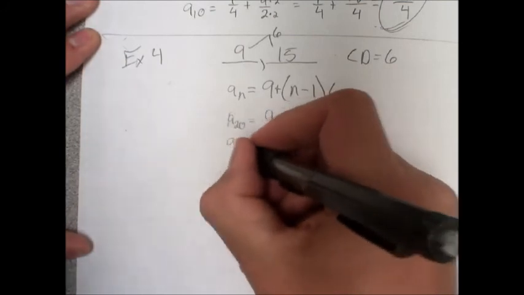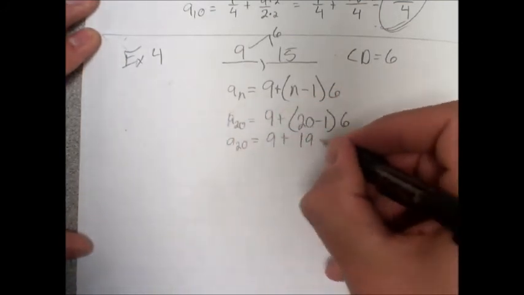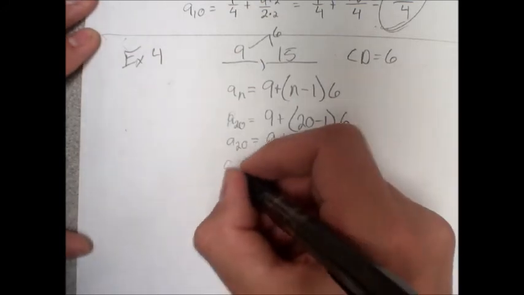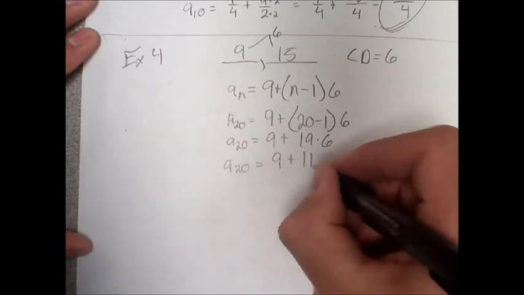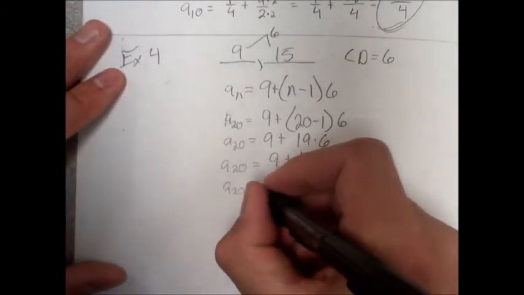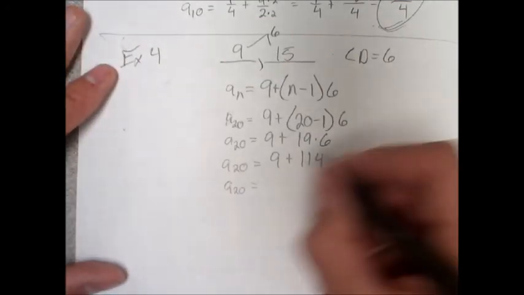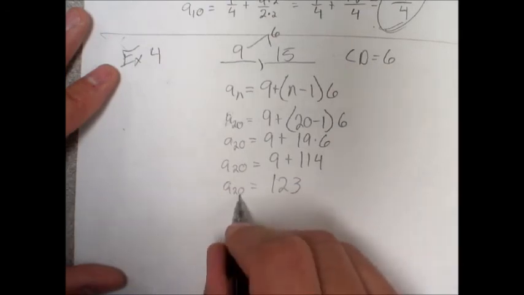So our 20th term in the sequence is going to be 19 multiplied by 6. Somebody give me that if you would. 114. So now I have 114 plus 9, which will give me 123. So I have a total of 123 on my 20th term.